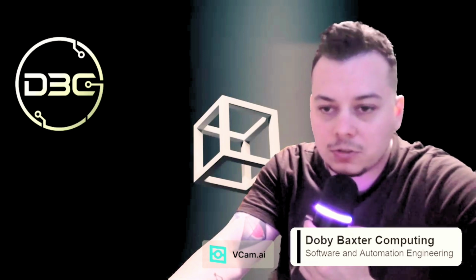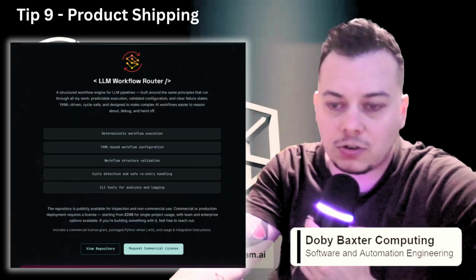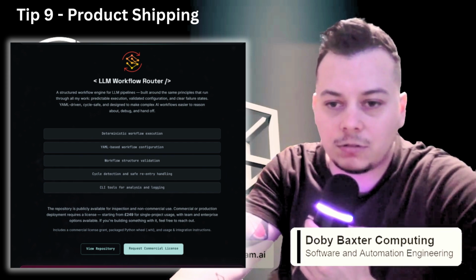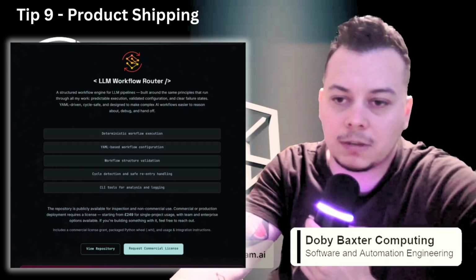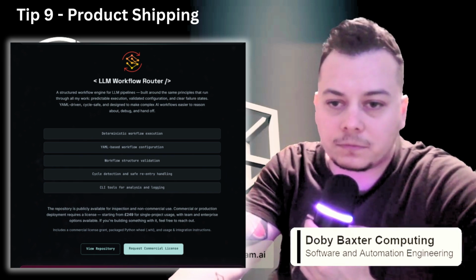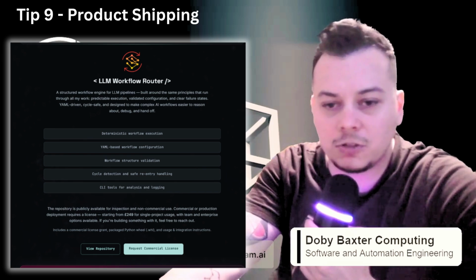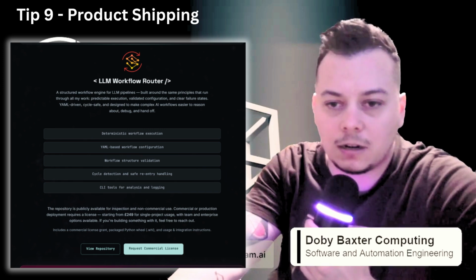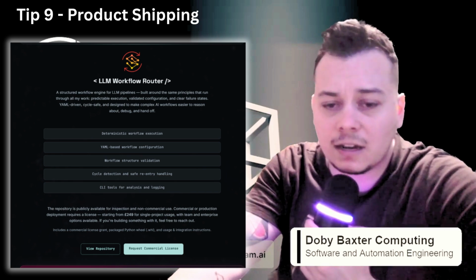It also helps to show at least one finished packaged artifact. On mine, for example, there's a licensable tool with its repository public for inspection. But because it is a shipped usable product, that signals production grade work. And again, I had to choose just one.